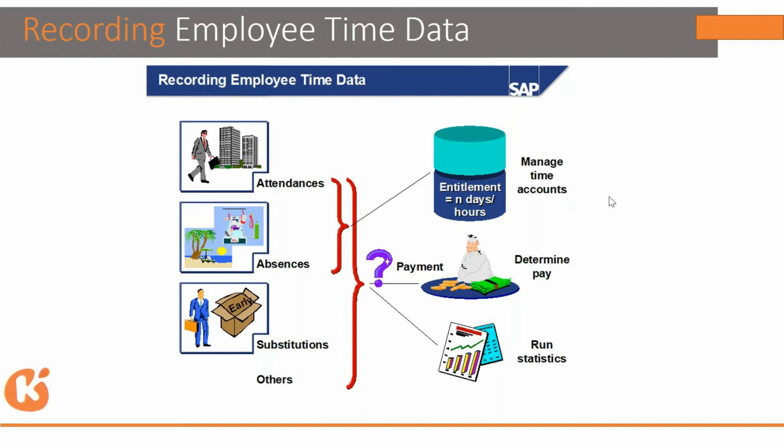And the other one, substitutions. Substitutions is whenever the employee is working on holidays or weekends, or a company holiday. If it is a holiday and the employee goes to work on that day, for that particular time we have to use substitutions, which is infotype 2003.